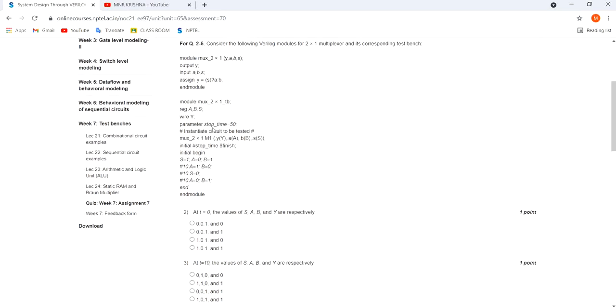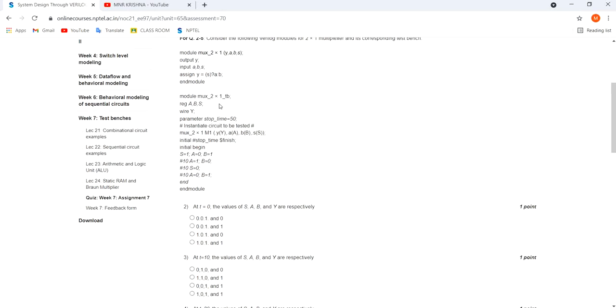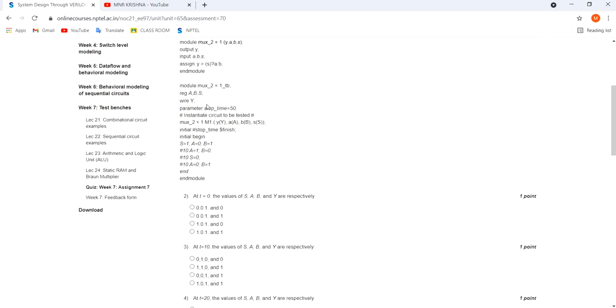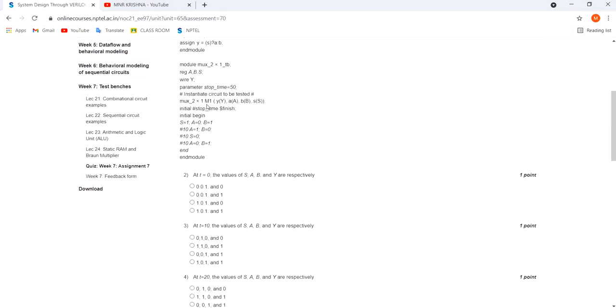Then move to the test bench code. Here it is the test bench code, module mux2x1_tb. Here TB means test bench. Here we are using A, B and S as registers, and Y as a wire. In a test bench we don't need to define input and output ports. That's why we are using only registers and wires to represent the inputs and outputs.